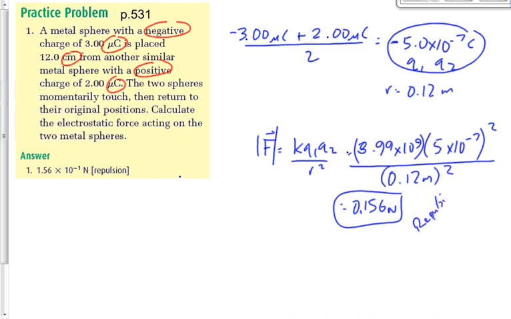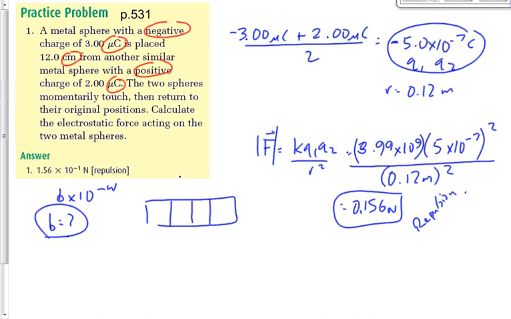Quick question here. If they asked you to express this as b times 10 to the negative w, what's the value of b? What would be my answer? How would I express that? 1.56.